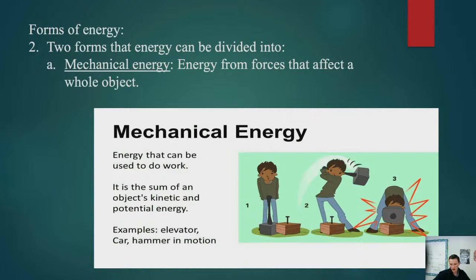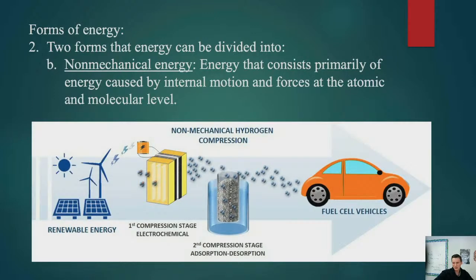Elevator, car, and a hammer in motion. This is mechanical energy, energy from forces that affect a whole object. Our second form of energy would be non-mechanical energy. So we have mechanical, non-mechanical. Pretty easy to remember that. Non-mechanical energy is the energy that consists primarily of energy caused by internal motion and forces at the atomic and molecular level.